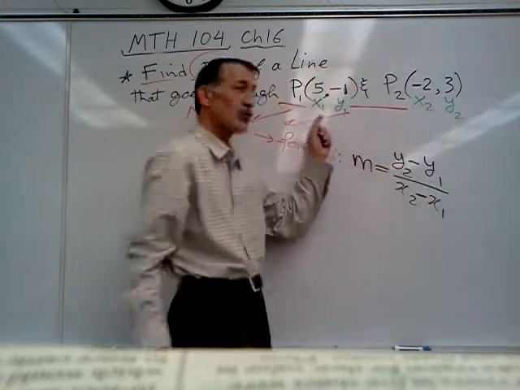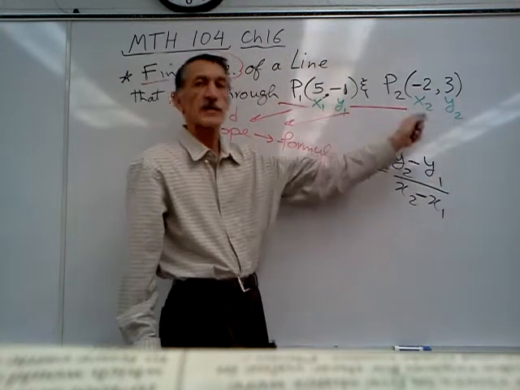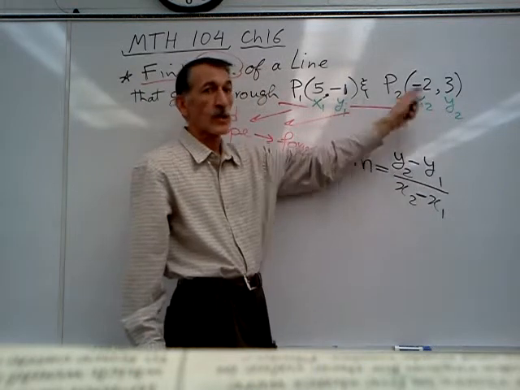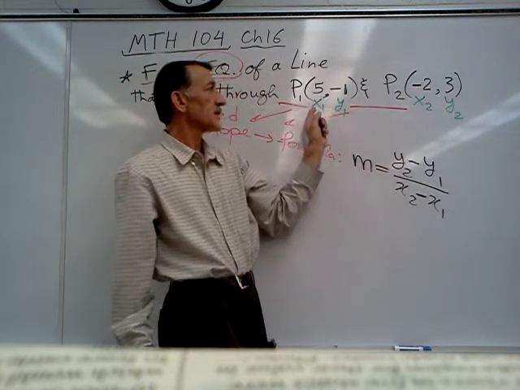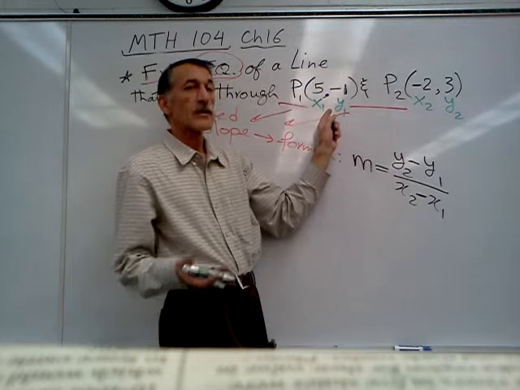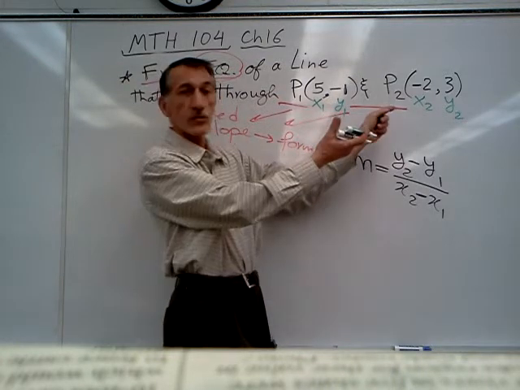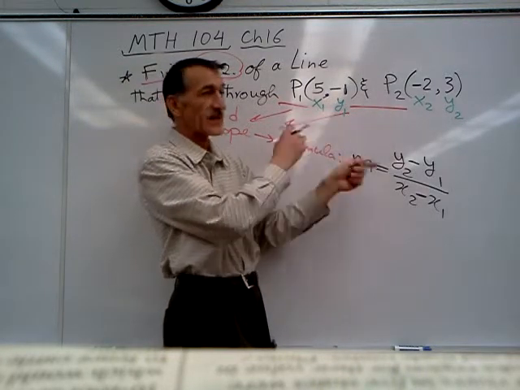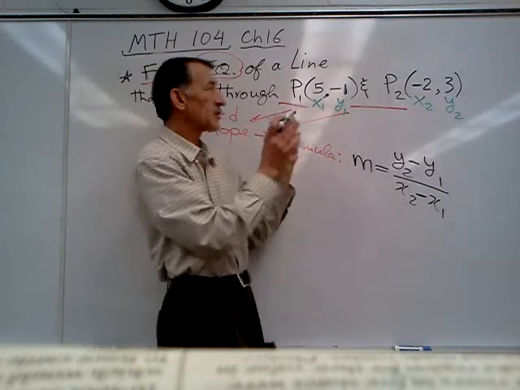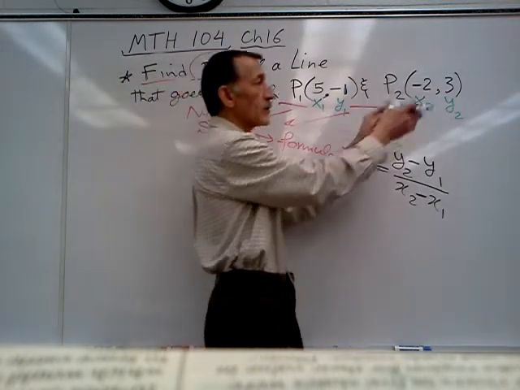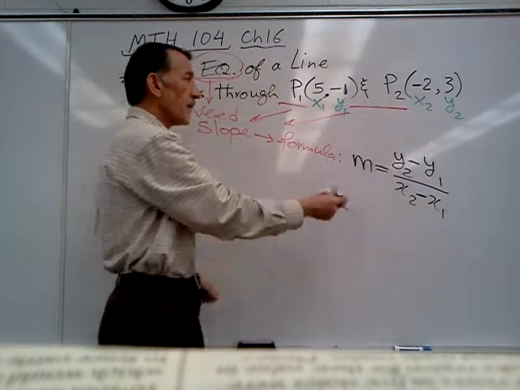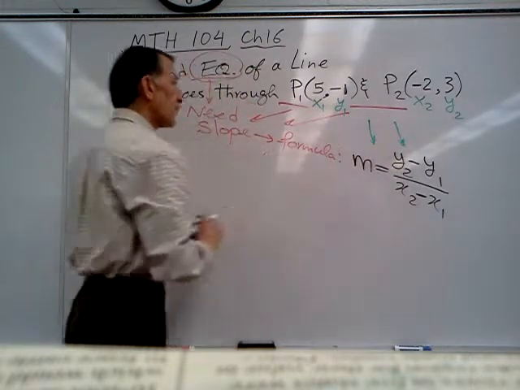Now, make sure it's x and y and x and y, not x and y and y. So the first one is x1, y1. You can call it x2, y2 if you want, and the other one you could call x1, y1 if you want. Doesn't matter which one you call which. As long as you label the first point, you label the second point, plug in the formula right here, you can find the slope.